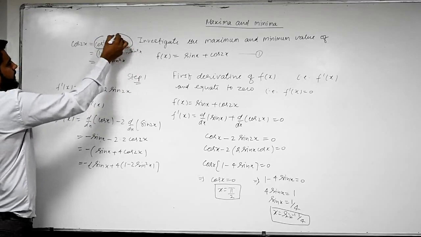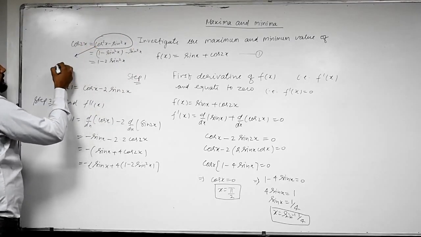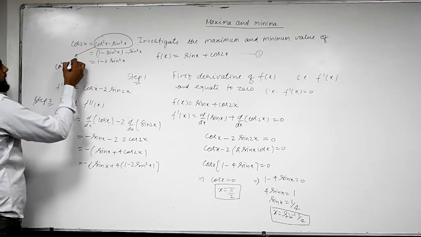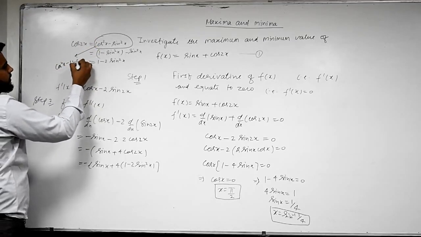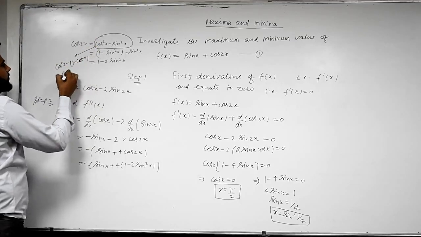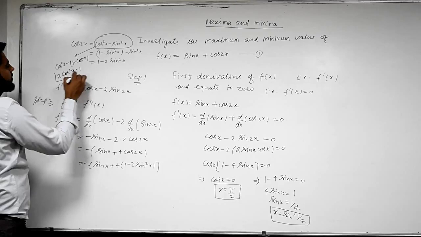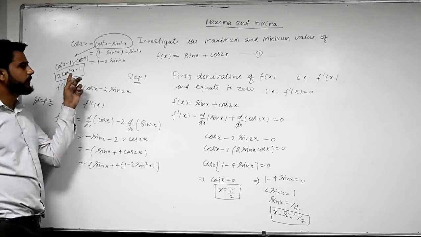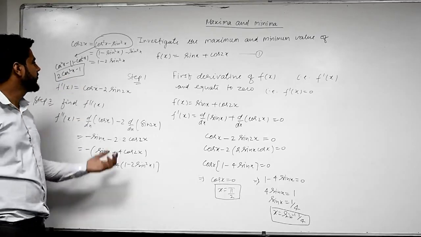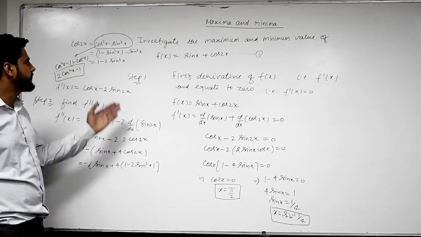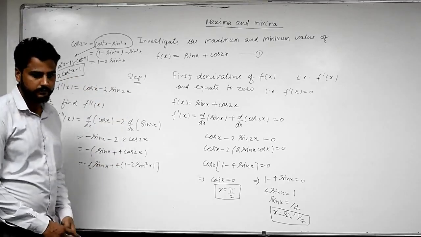If I want to convert this into cos, then cos square x minus sin square x, with sin square x = 1 minus cos square x, will be 2 cos square x minus 1. And if I want to change it in terms of sin, the formula is 1 minus 2 sin square x.